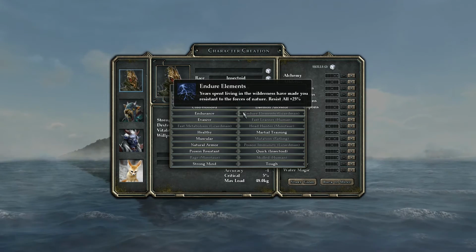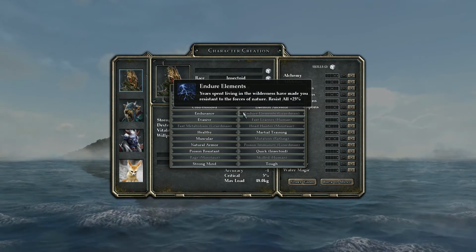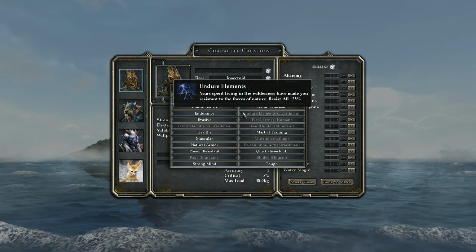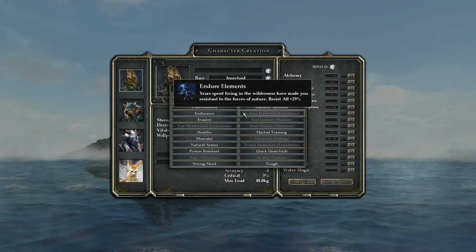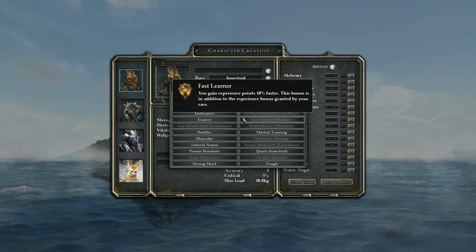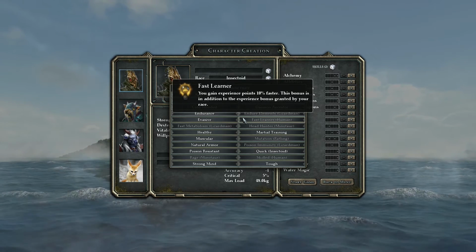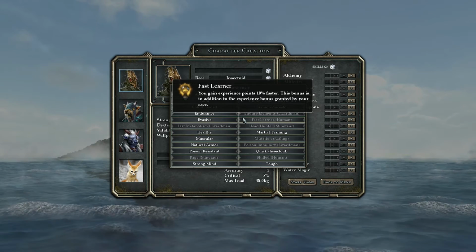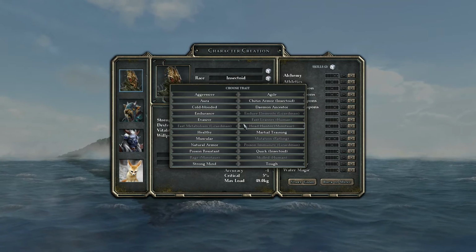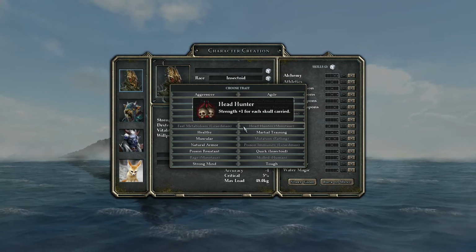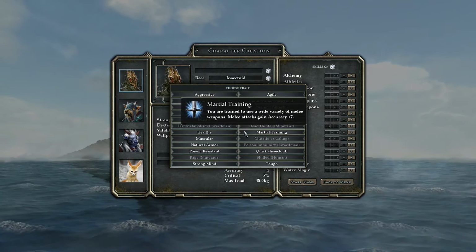Endure elements. Lizard man only. Years spent living in the wilderness have made you resilient, resistant to the forces of nature. Resist all, plus 25. Fast learner. Humans only. You gain experience points 10% faster. This bonus is in addition to the experience bonus granted by your race. Headhunter. Minotaur only. Strength plus 1 for each skull carried.